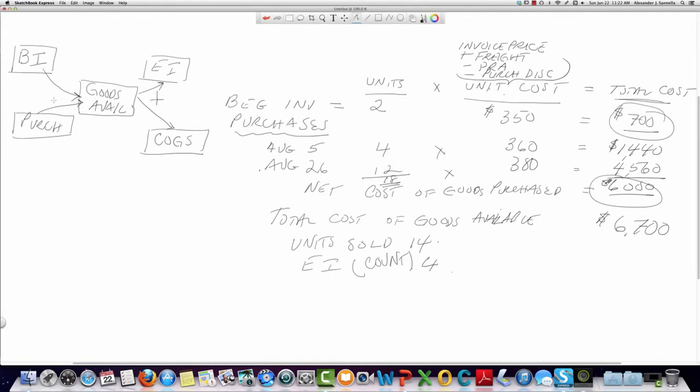And again, when we add these together, it has to balance. It's sort of like a scale, if you like. So once again, here, you've got 2 units at 350 or 700. Here we have 4 units at 360, 1440, and we have 12 units at 380.